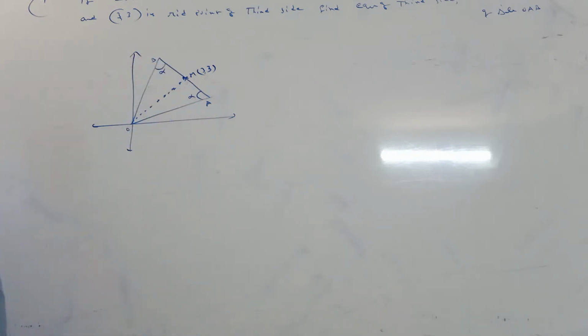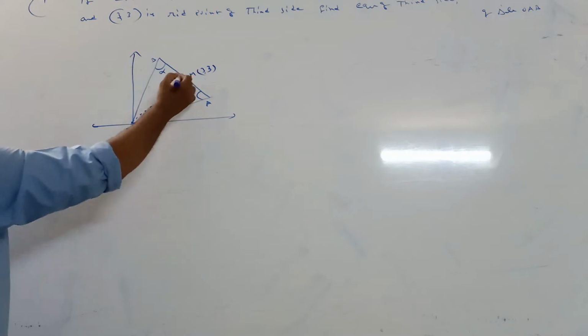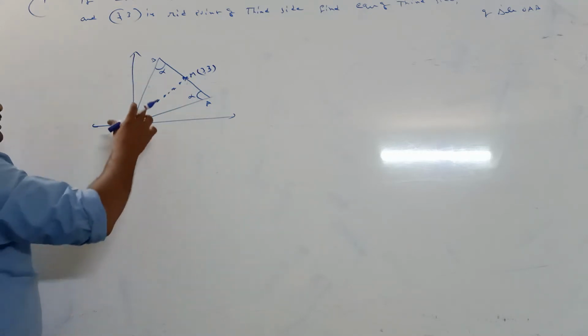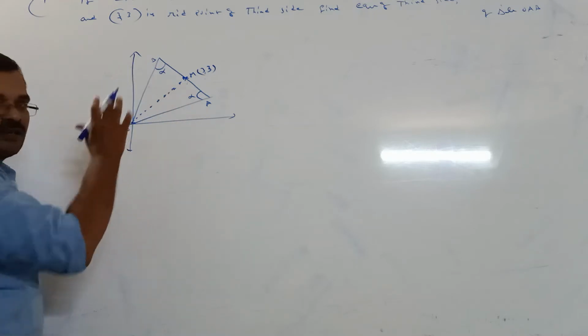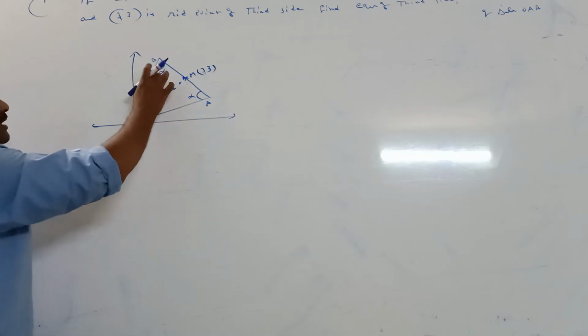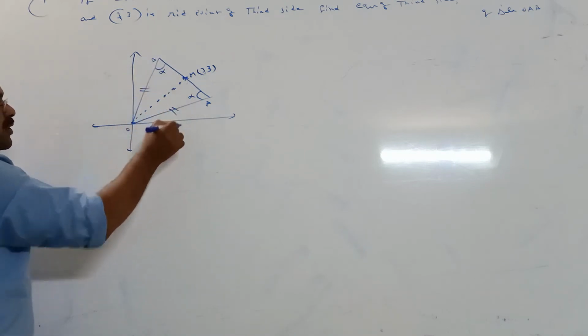When I join O and M, it coincides with the median and altitude. If two sides are equal, then the angles opposite to them are equal.